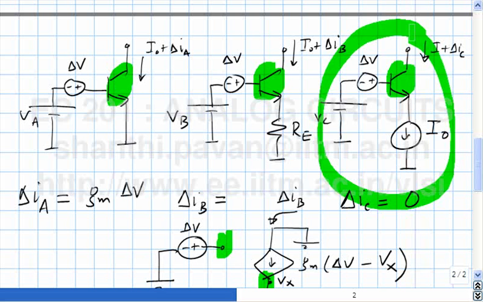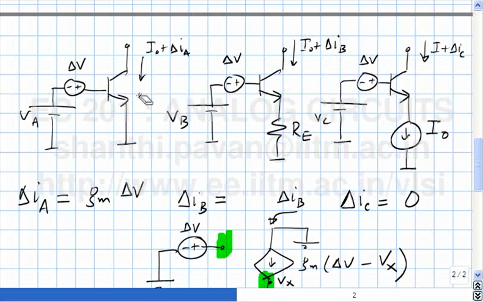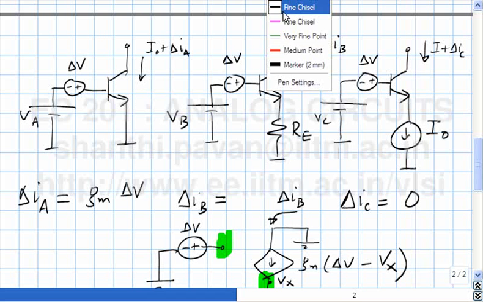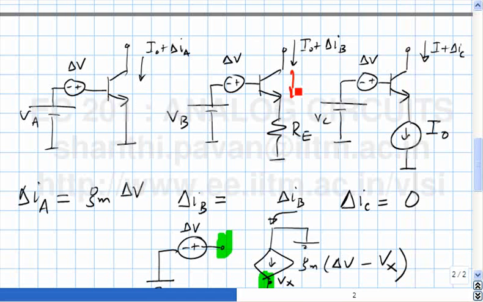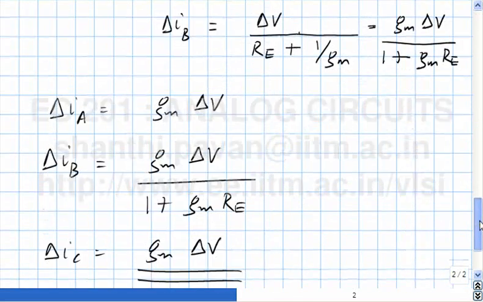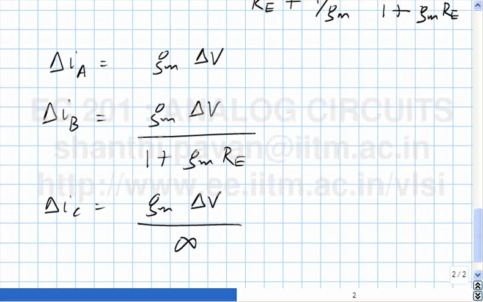The large resistor, though not quite as effective as the current source, does still give you negative feedback, simply because if this current tries to increase, the emitter voltage will go up, thereby reducing the base emitter voltage, thereby causing the collector current to reduce. So there is negative feedback with the emitter resistor.